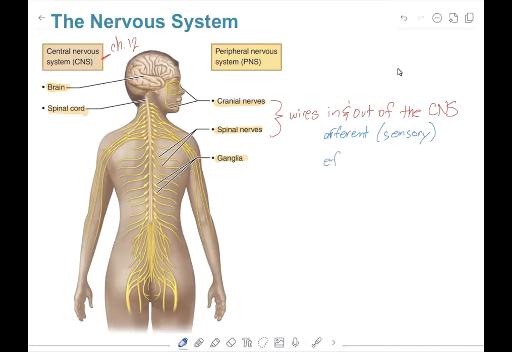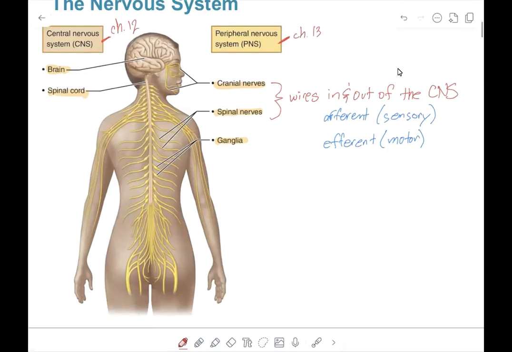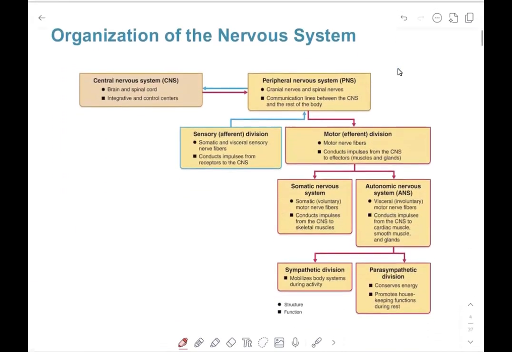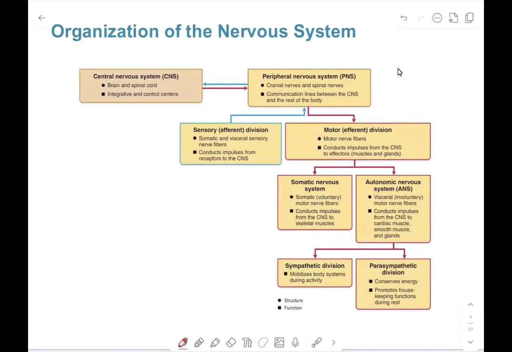And then they would also be responsible in carrying the efferent signal, which is the motor pathway out to the muscle or the gland. And we will be discussing the peripheral nervous system in chapter 13 in the next unit. But we are responsible for the general organization of the nervous system, just not a lot of detail for the central and peripheral nervous system.